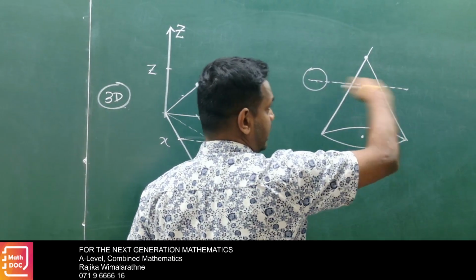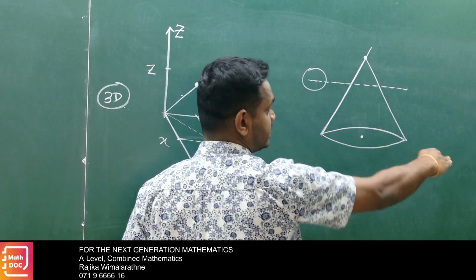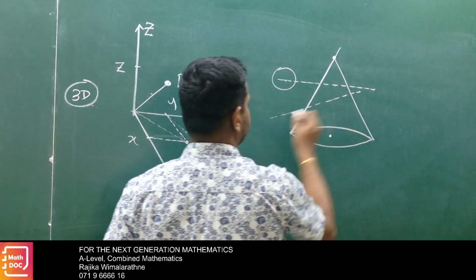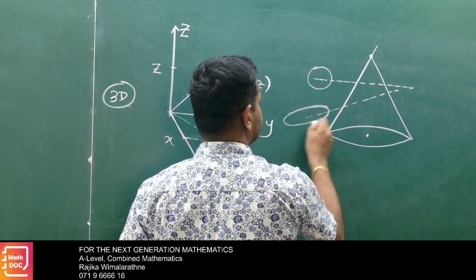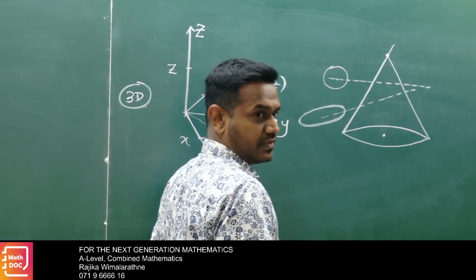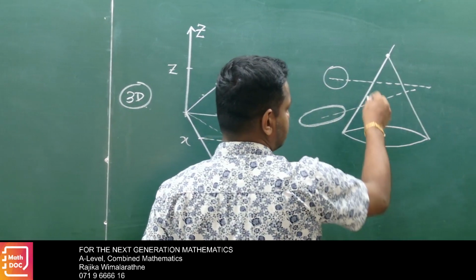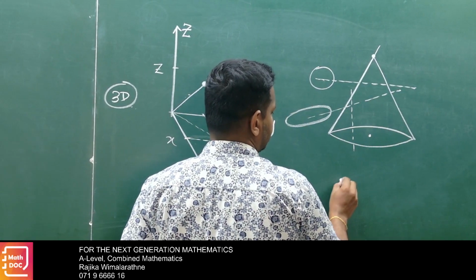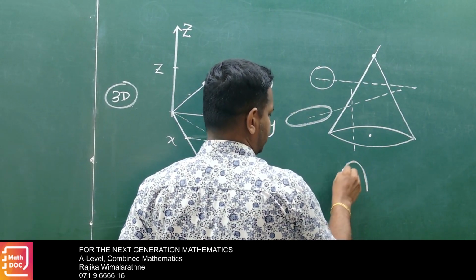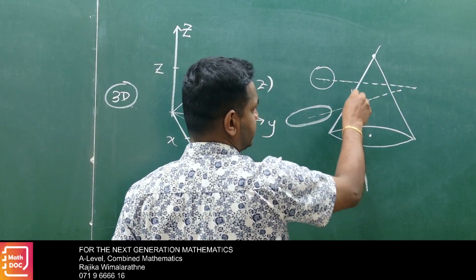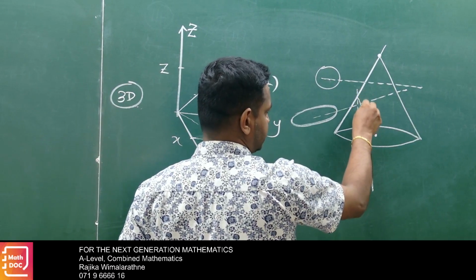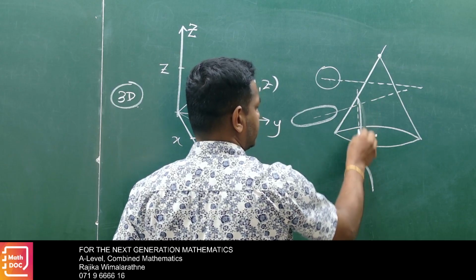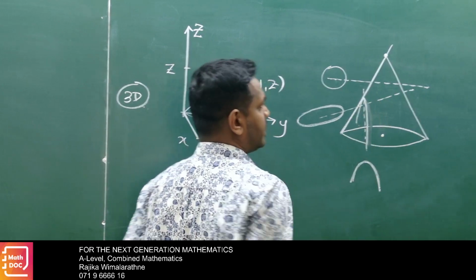When you take a cross section parallel to the base, we can see an ellipse. When you consider a cross section like this, we can see a parabolic shape, a parabola.